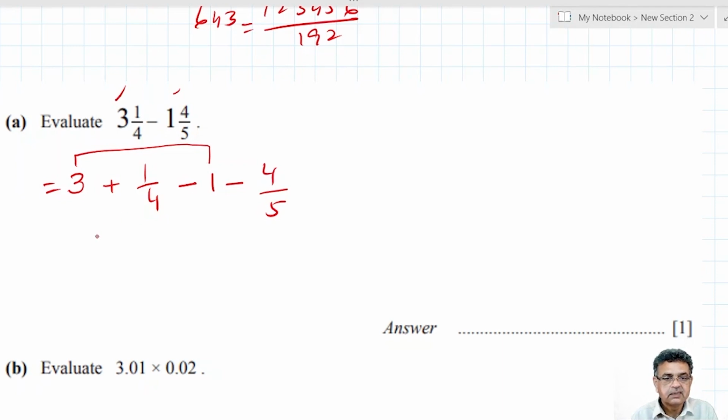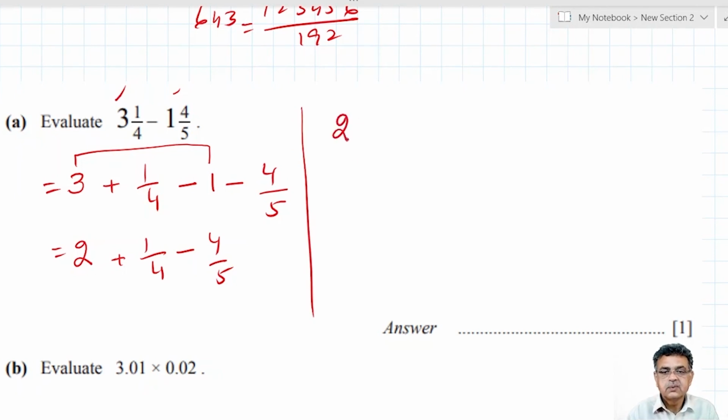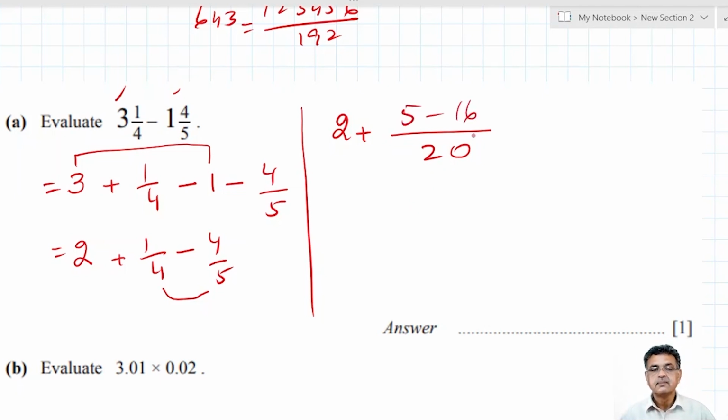That will be 3 minus 1, 2, plus 1 over 4 minus 4 over 5. So it will be 2 plus, taking the LCM, again you can see that there is no common factor of 4 and 5, so this will be the product of these two. 5 ones are 5 minus 16.